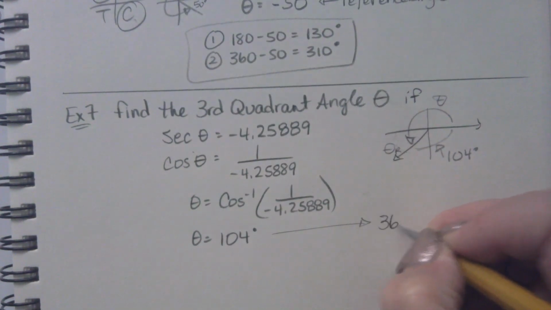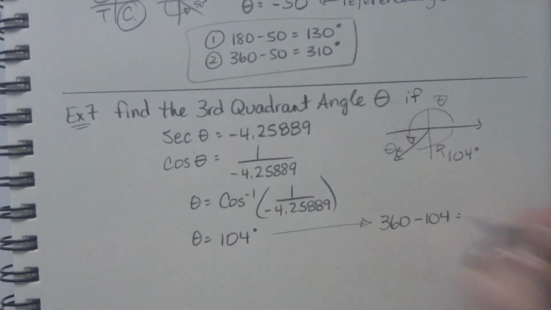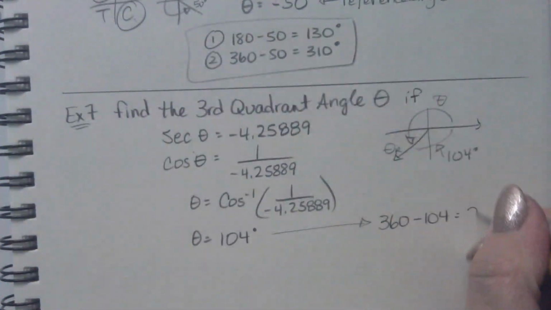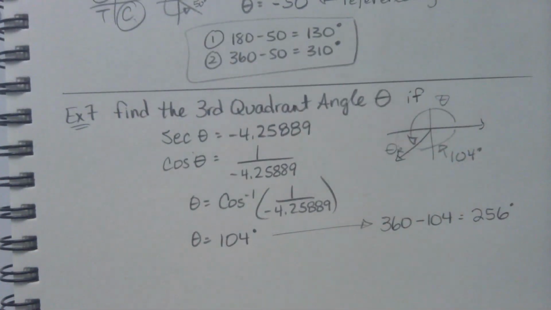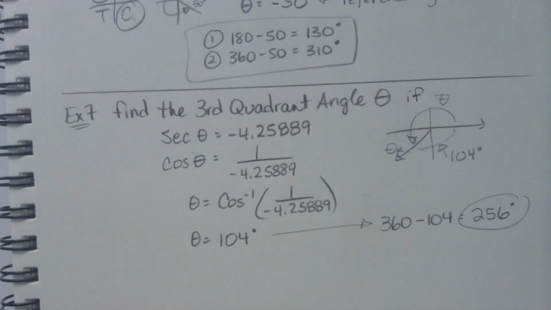I want 360 minus 104, all right? Because I need an angle that's somewhere between 180 and 270. Well, 104 is not. I get a 256-degree angle. Is that an angle that makes sense in that quadrant? Yeah. Yep, there's my answer.